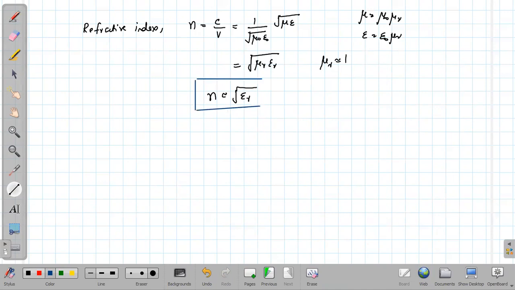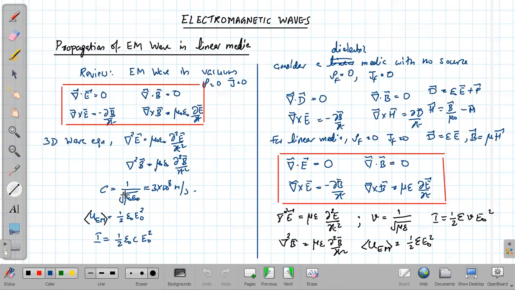Epsilon r always greater than 1 means the speed of light in the medium would be lesser compared to the speed of light in vacuum. There is one way of explaining it, and there are other ways also, because if you just compare these two quantities, the product of mu and epsilon would always be greater than mu 0 and epsilon 0. Therefore the speed of light in media would be lesser compared to the speed of light in vacuum.